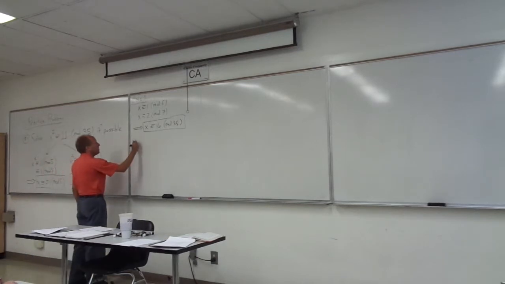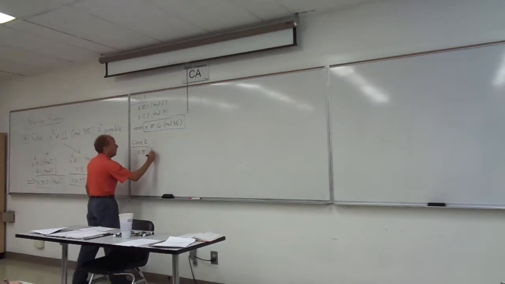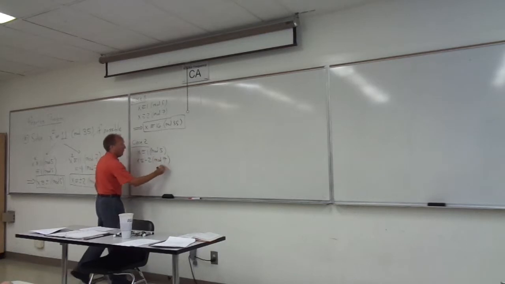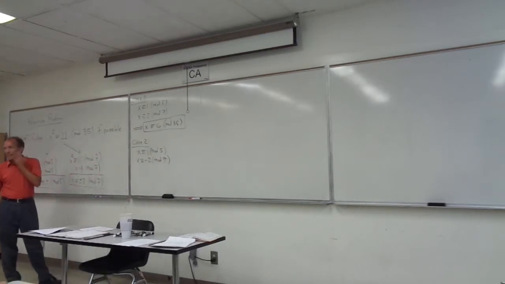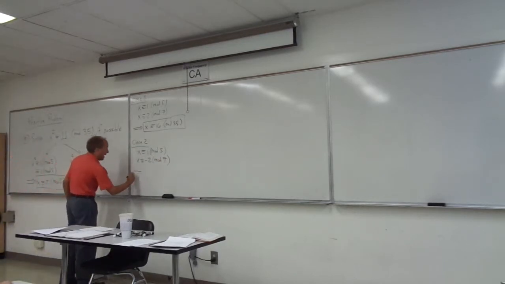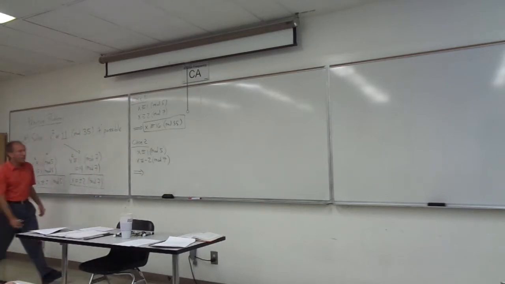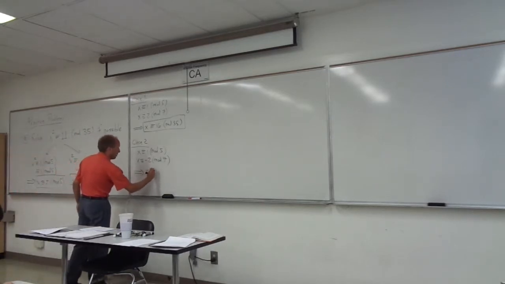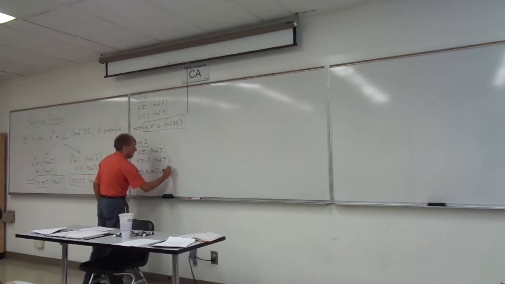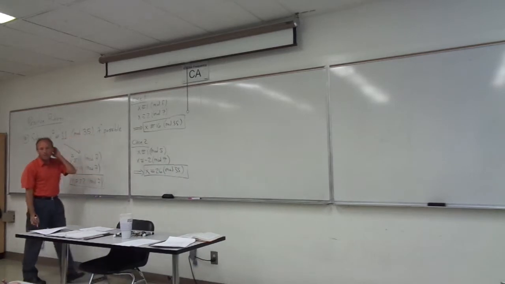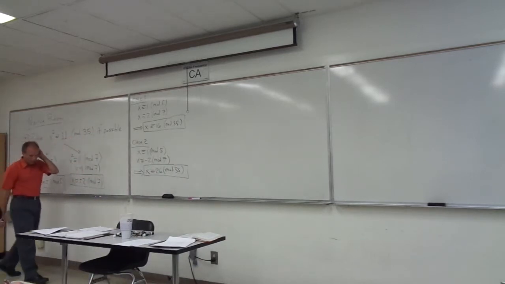Then case 2 would be x congruent to 1 mod 5 and x congruent to negative 2 mod 7. Again, it's very fast to check that the solution to this is x congruent to 26 mod 35. You just see that by inspection.